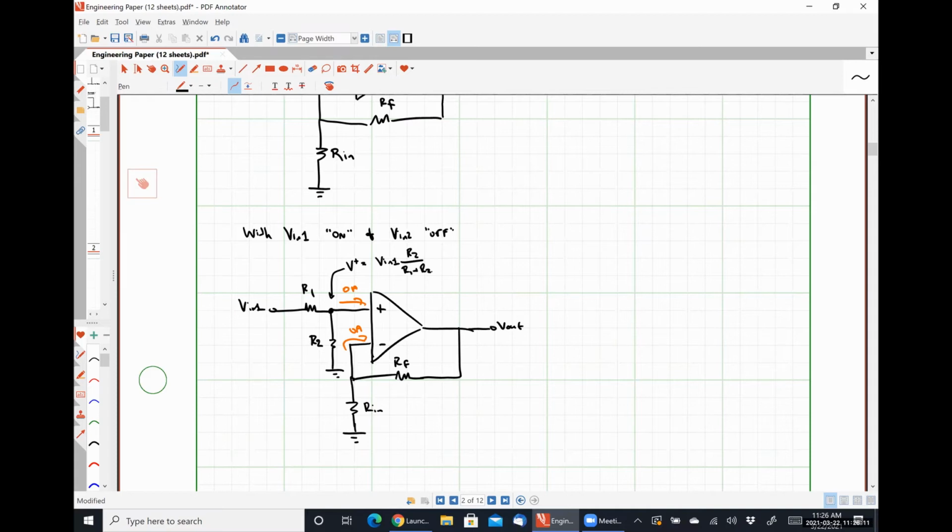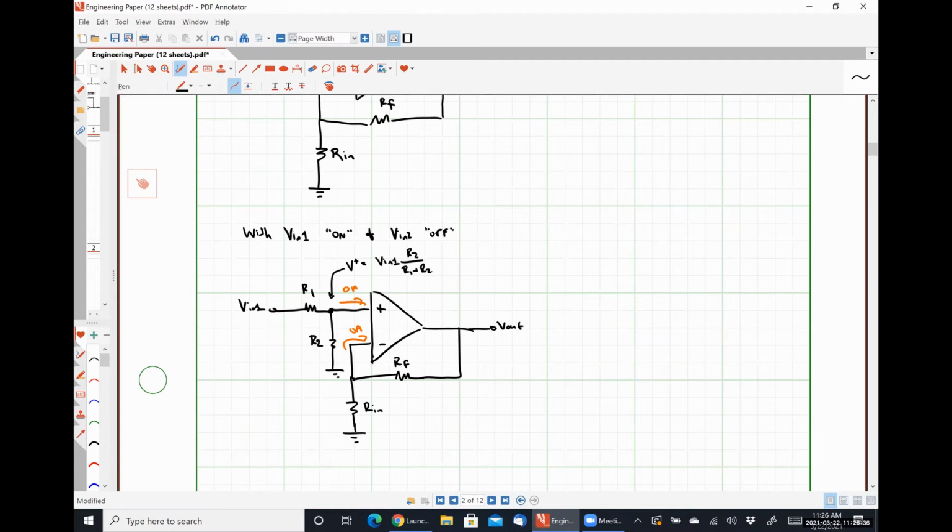The voltage present at this terminal just sees a non-inverting amplifier, right? If we know what the voltage is here, and we just treat it as if we had applied an input voltage of this to everything to the right of this node, we have just a simple non-inverting amplifier.